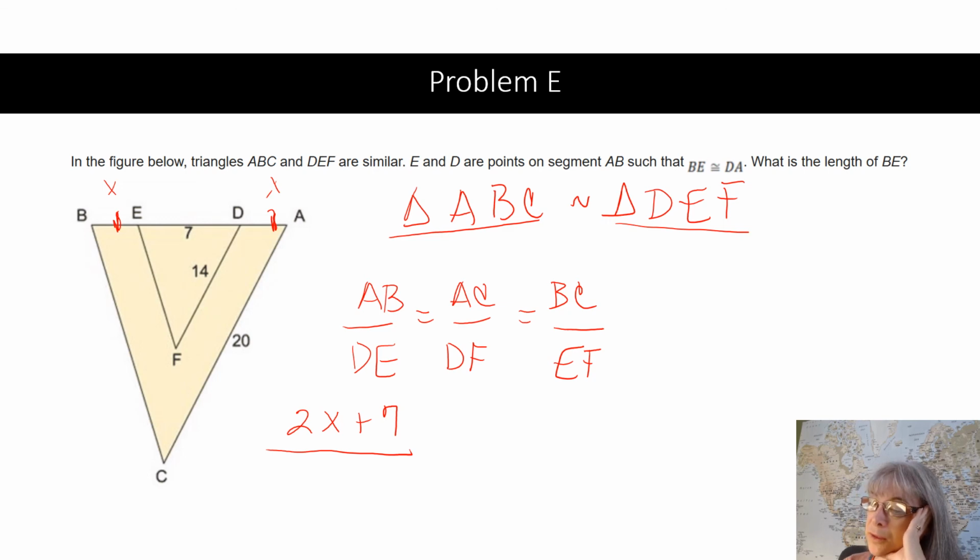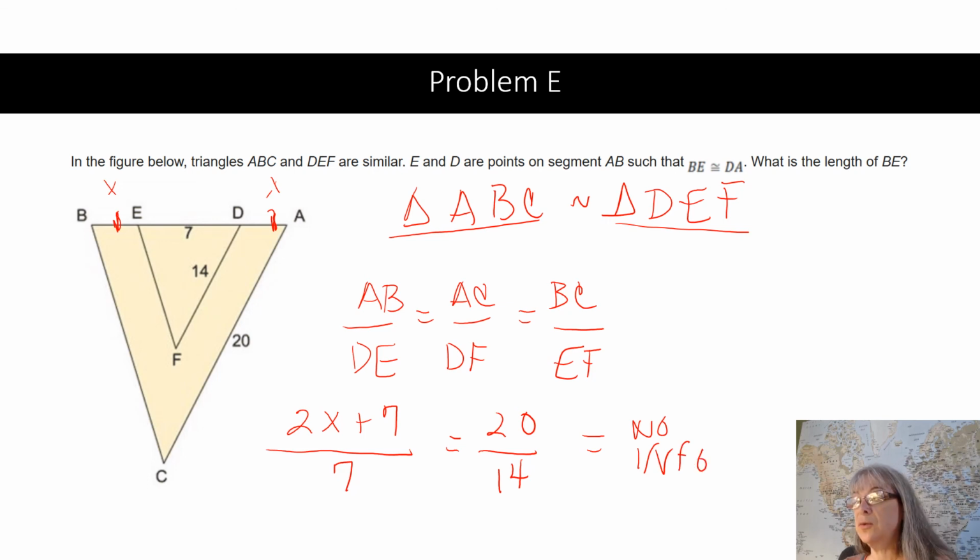And what's DE equal to? Oh, well, that's easy. That's 7. AC is equal to 20. DF is equal to 14. And really, BC and EF, I have no info, right? So I can just ignore that. And so now what do I have?